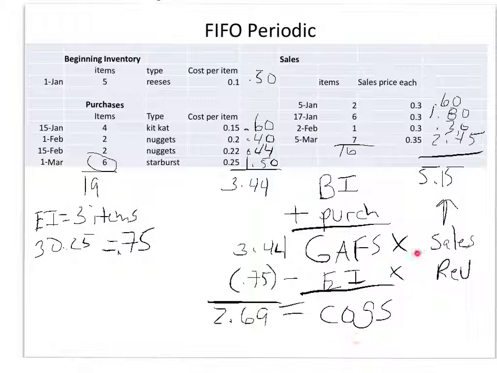And you can see the formula for figuring out cost of goods sold right there. And then it gives us our sales revenue. And I'll label this as goods available for sale right here as well. Okay, so you can see the calculations for all of those things. And now we'll move on to LIFO periodic.